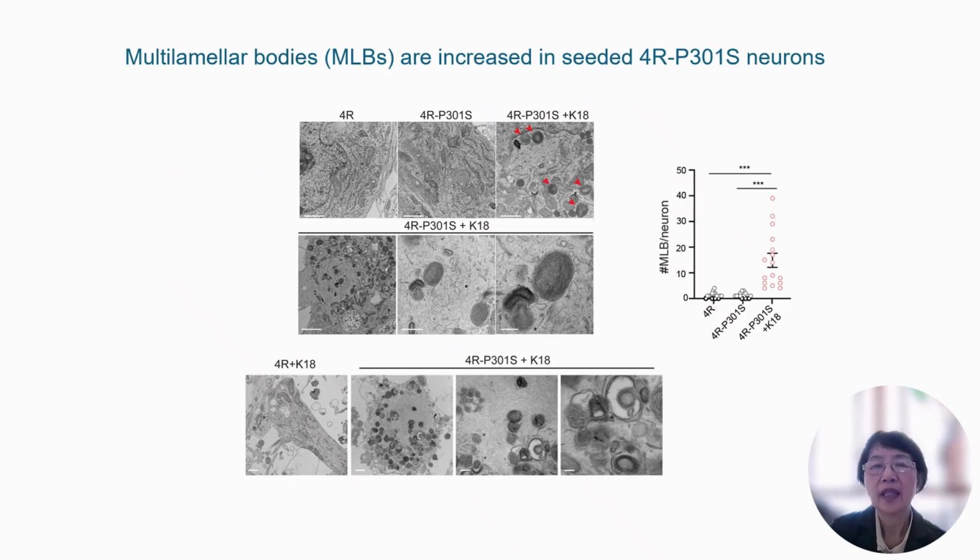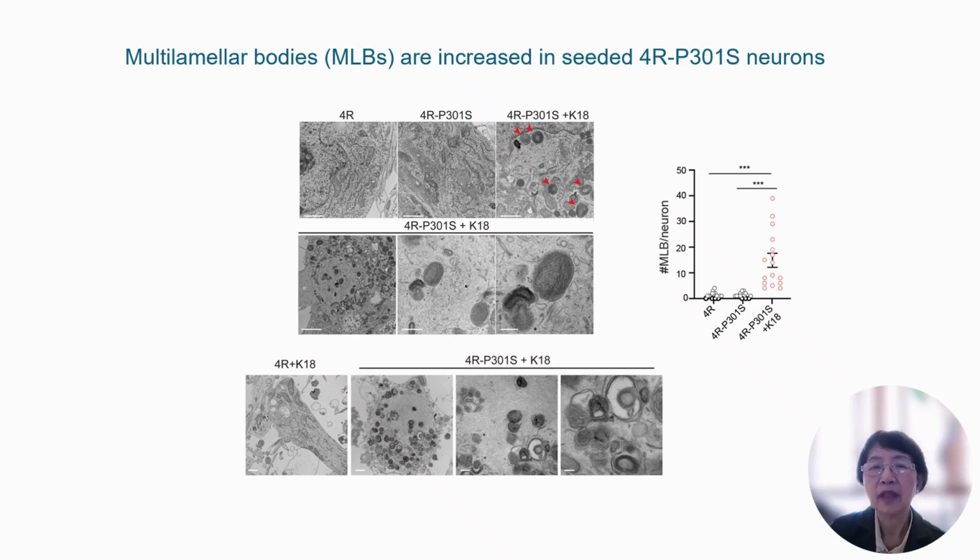To investigate potential dysfunction in cellular machinery following seeding, we performed transmission electron microscopy to compare subcellular structures in 4R and 4R-P301S neurons with and without K18 seeding.